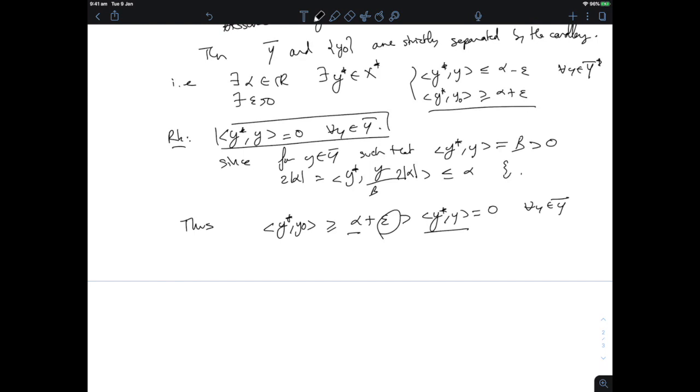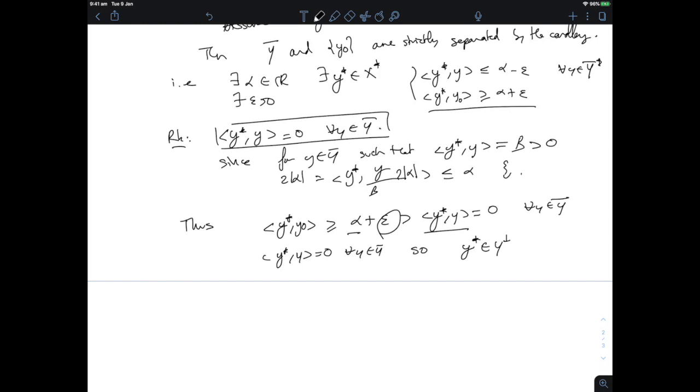So I have y star y naught strictly positive, and then I have y star y equal to 0 for y in y bar. So this is telling me that y star is in y bar perp, which is even bigger than y perp. So I have y star in y perp, yet y star y naught is strictly positive.